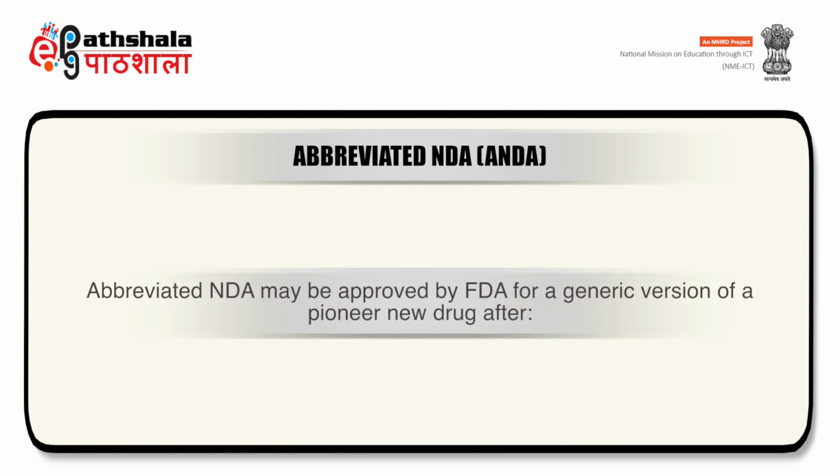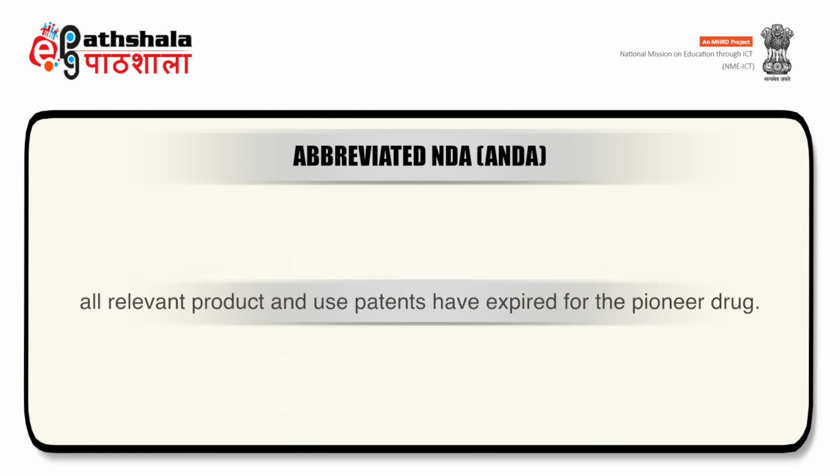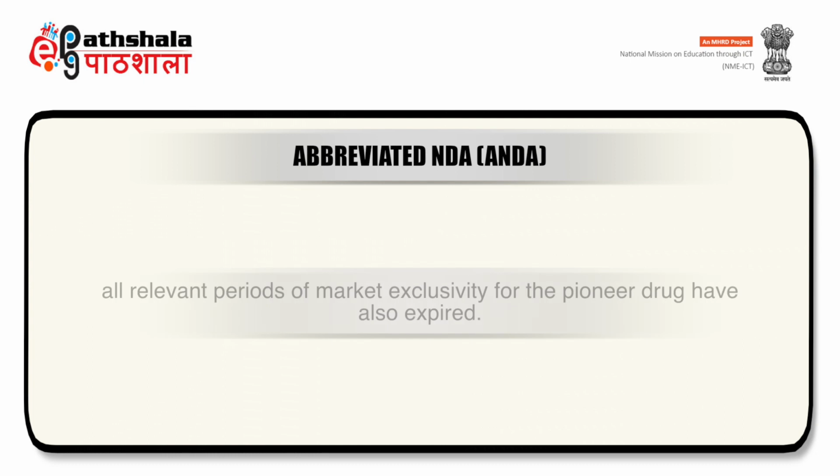An abbreviated new drug application may be approved by FDA for a generic version of a pioneer new drug after all the relevant product and use patents have expired for the pioneer drug and all relevant periods of the market exclusivity for the launched drug or the pioneer drug have also expired.